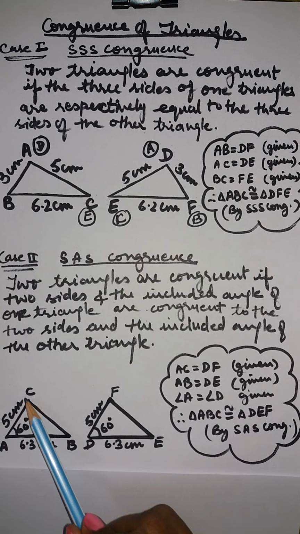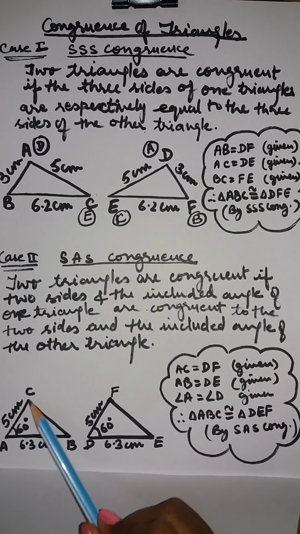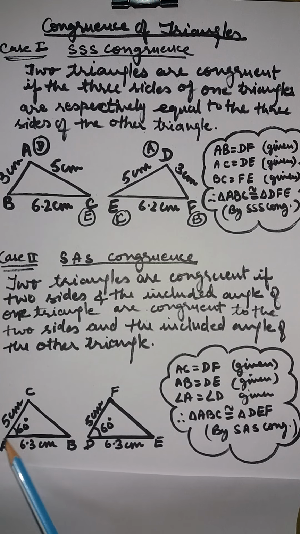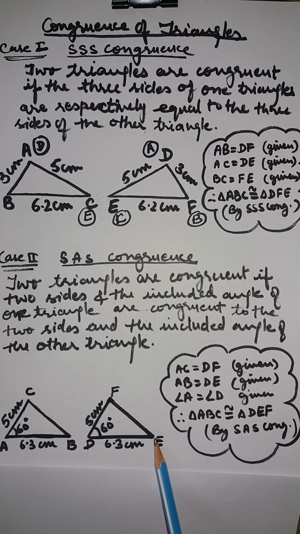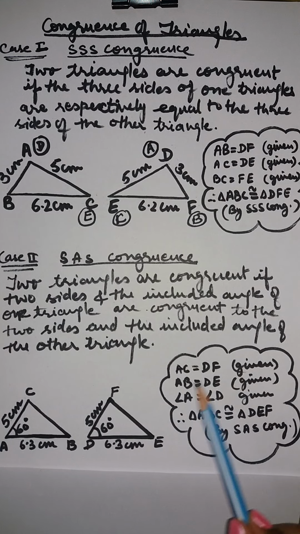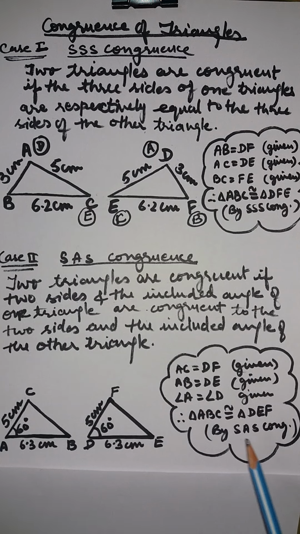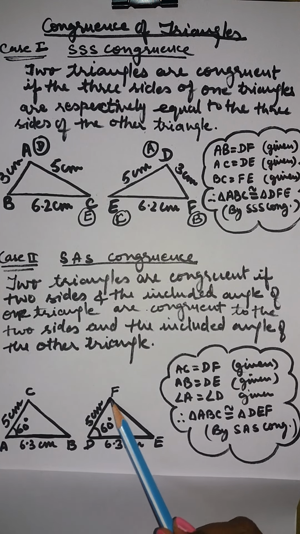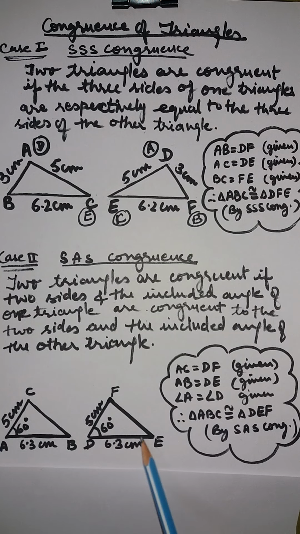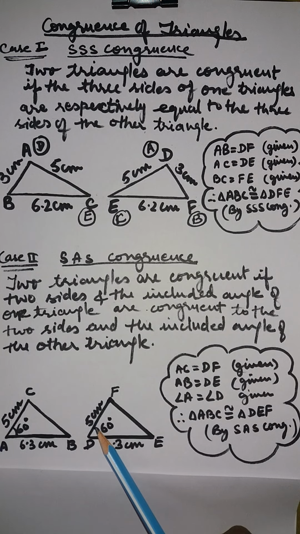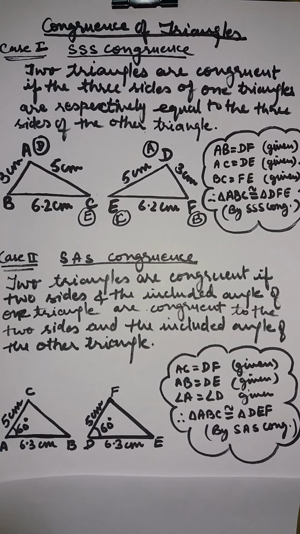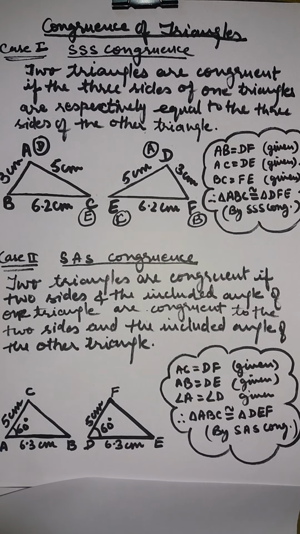Triangle ABC is shown here and DEF is shown here, where we can see AC side matches with DF side, angle A matches with angle D, and AB side matches with DE side. So we can solve it in this way and we come to know this is side-angle-side congruency, because two sides and the angle between them, the included angle, is there. So side-angle-side congruency is present here.